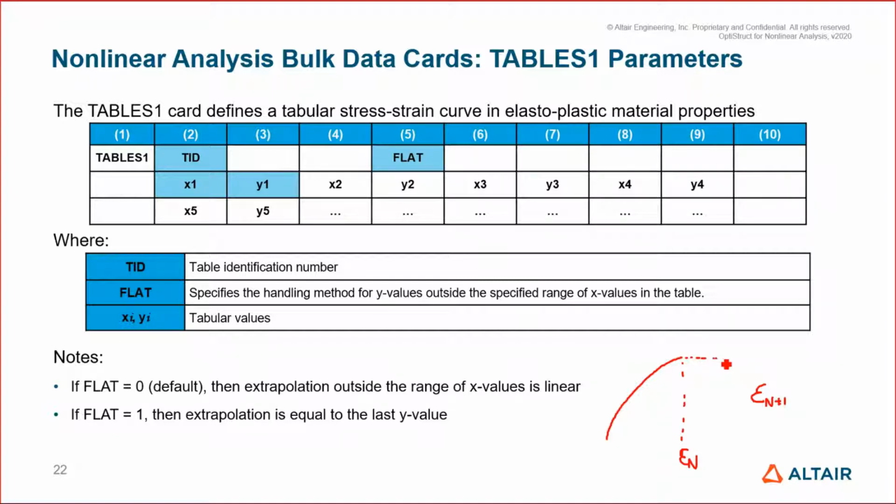But if you use the default, which is flat equals 0, we're actually going to extrapolate this curve. Then your stress reported will be higher, because it's extrapolation. But if you're using flat equals 1, then it's just going to be the same as when your strain equals this maximum strain here. So just take note of that.